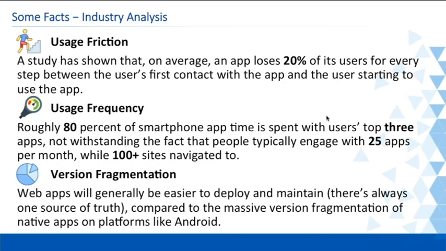But at the same time, a user visits 100 plus websites, compared to only 3 apps used on an everyday basis. When we talk of version fragmentation, we know that on desktop browsers there is huge fragmentation, with Chrome, IE, Opera, a lot of browsers in the market. But that is nothing compared to the fragmentation of native apps on platforms like Android. The fragmentation goes in thousands.